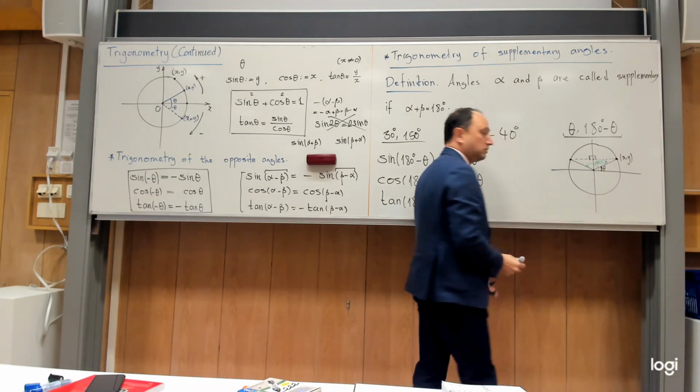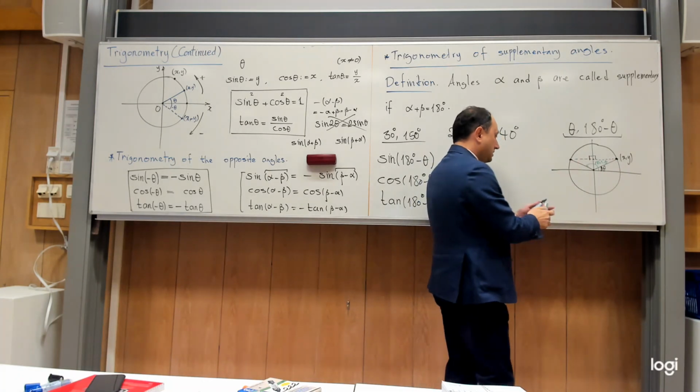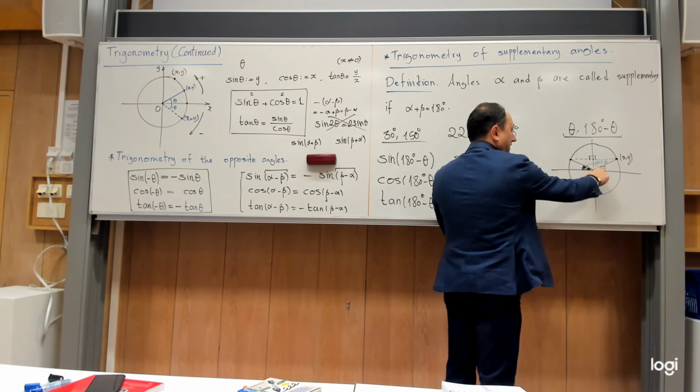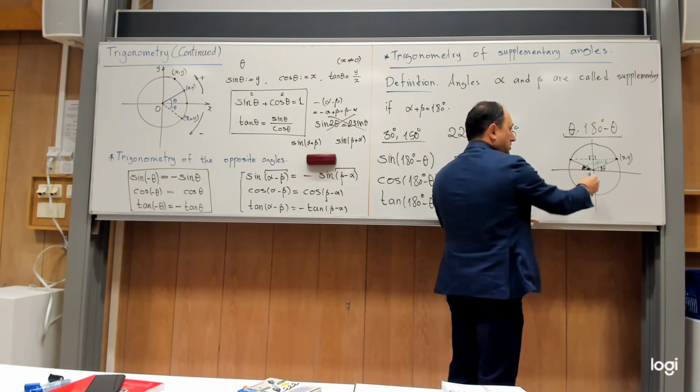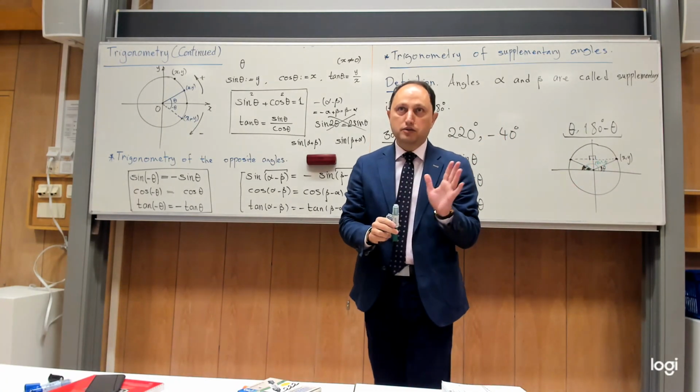Is that understandable for everyone? Why is that? Because by symmetry, if I ask you how much is this angle, by symmetry you know exactly that this angle and that angle are of the same size, so it means that this green angle should be 180 minus theta. Is that understandable for everyone?